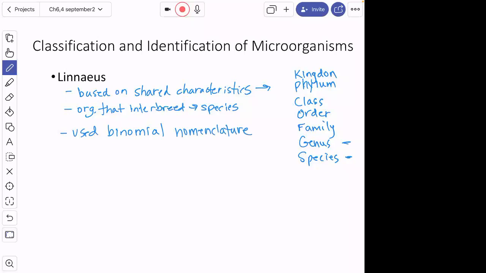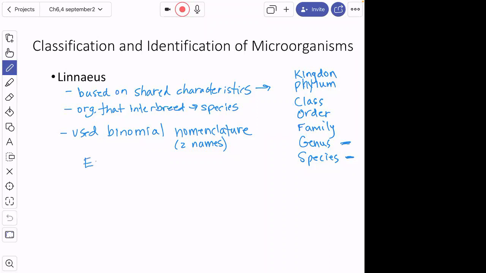Okay, that just means that each organism has two names. The name of science for an organism is a Latin name that includes the genus and the species. So humans, we're Homo sapiens. No matter what country you're in, we're Homo sapiens.